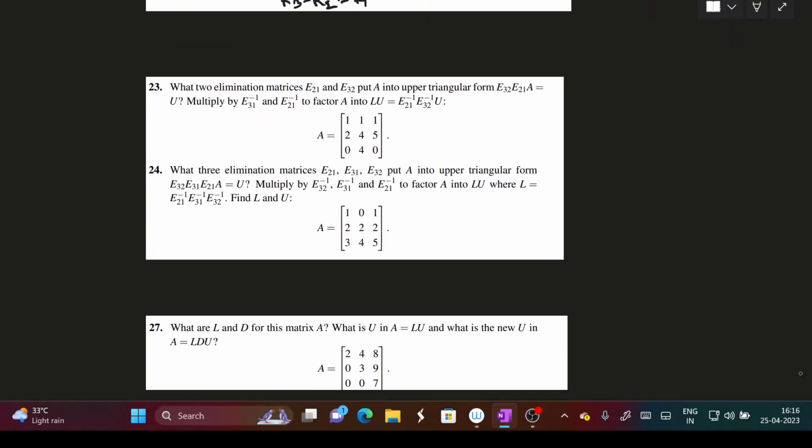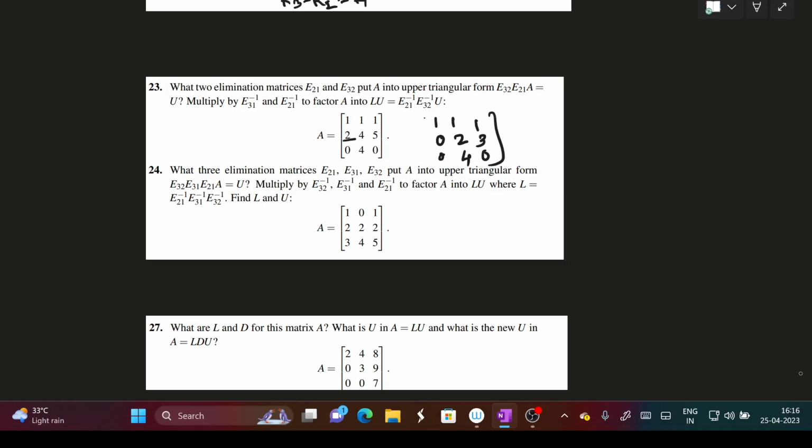Now let us discuss this. What is it telling? This is my A matrix. What operation should I do to get 0 here? It is 1, 1, 1, 0, 2, 3, 0, 4, 0.